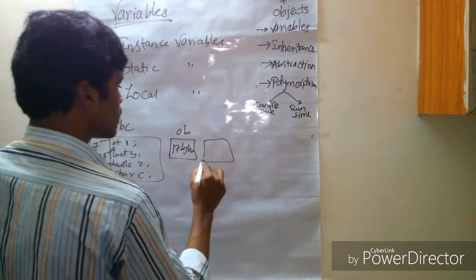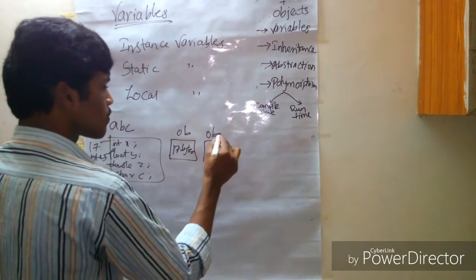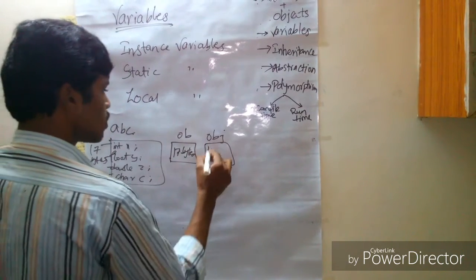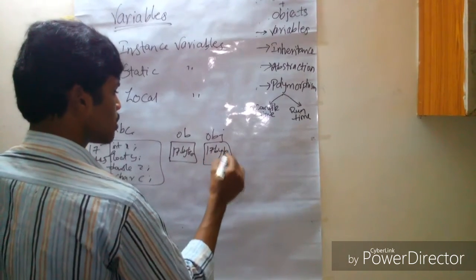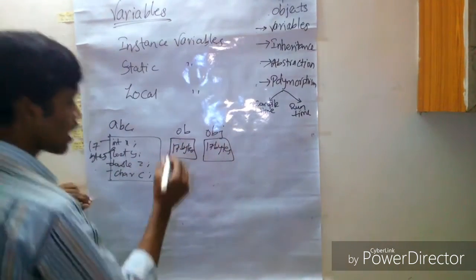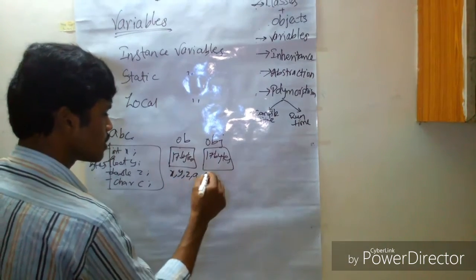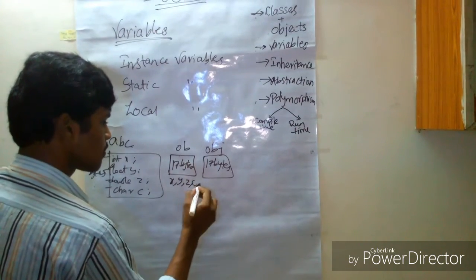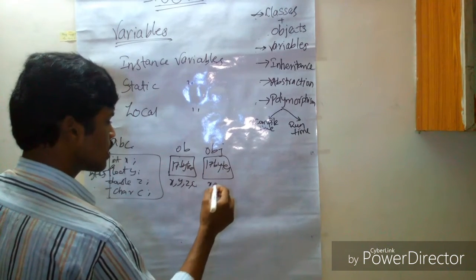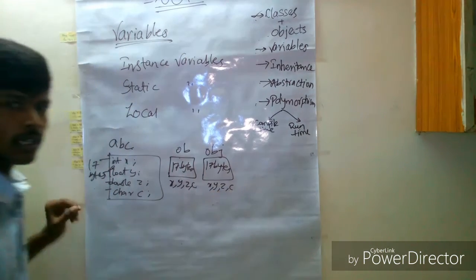Later, when we create another object obj, it also takes 17 bytes of memory. It also has x, y, z, and c variables.